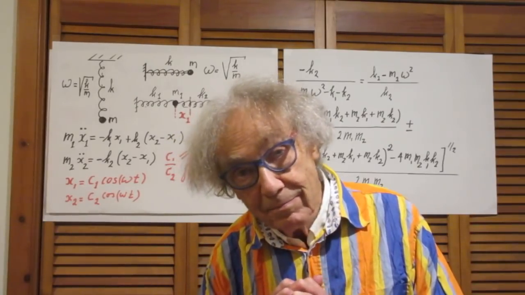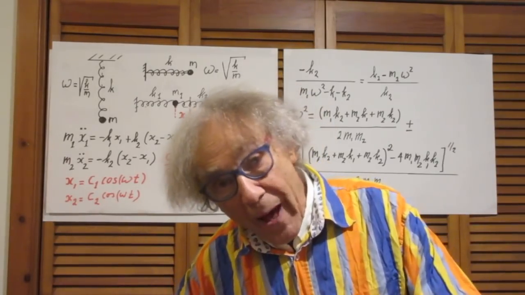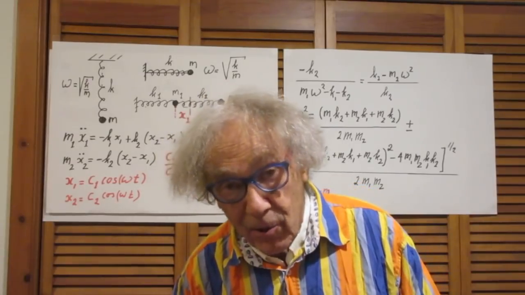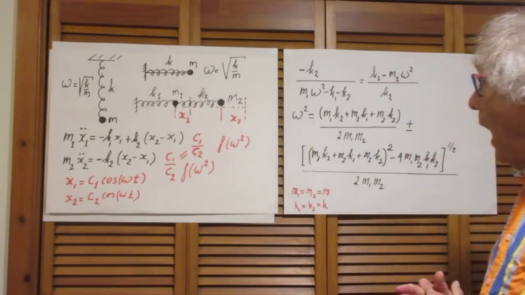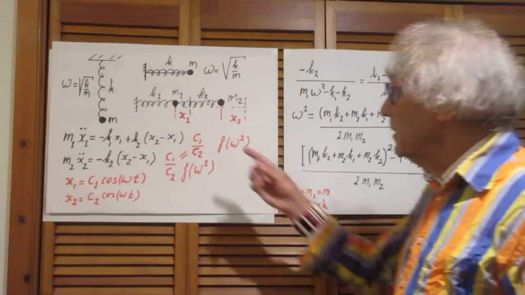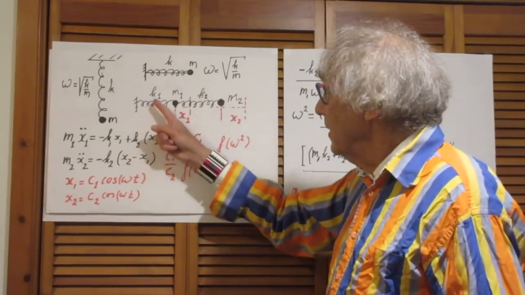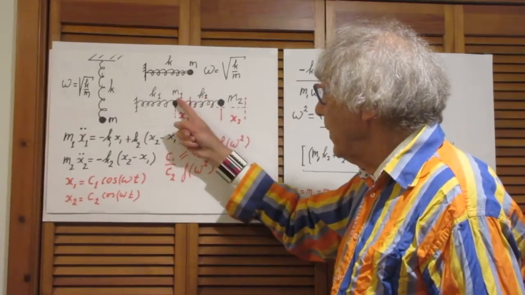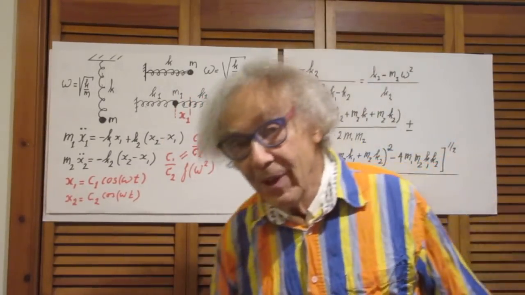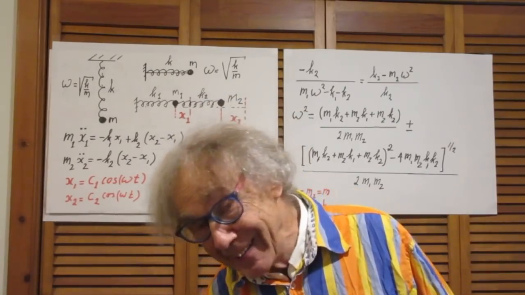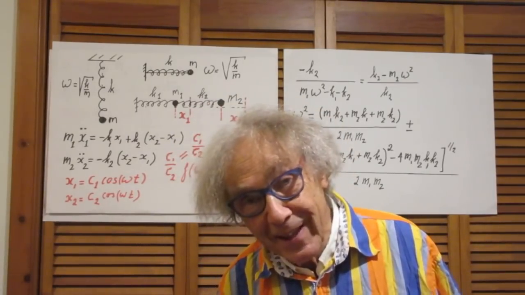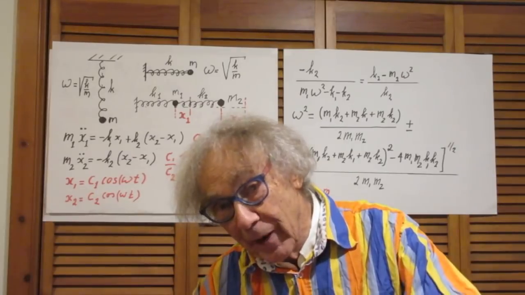And I did that. And then I went to the web and I asked the web, what are the normal modes in a system like this if K1 is K2 and M1 is M2? And they gave me the exact same answer that I had. So I was pretty convinced that I had not made an algebraic slip.